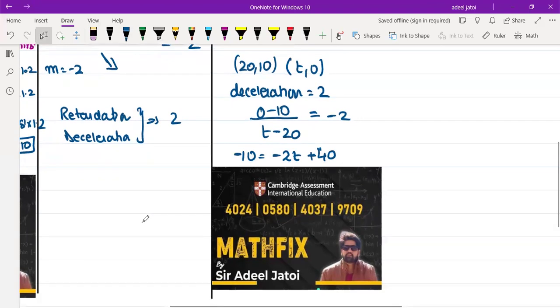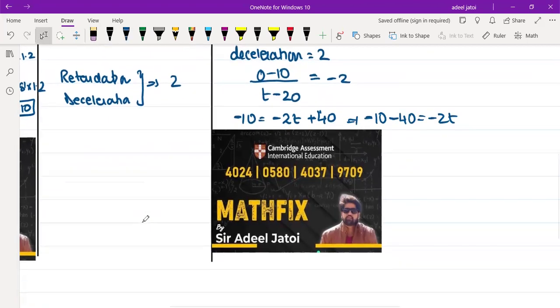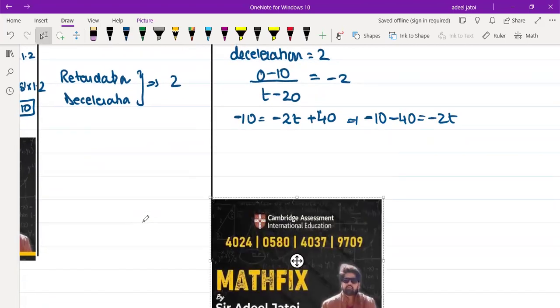Moving it to the other side, negative 10, negative 40 is equal to minus 2t. So in this shape, you will have an equation of negative 50 upon negative 2 is equal to t. Negative, negative cancel, and t becomes positive.